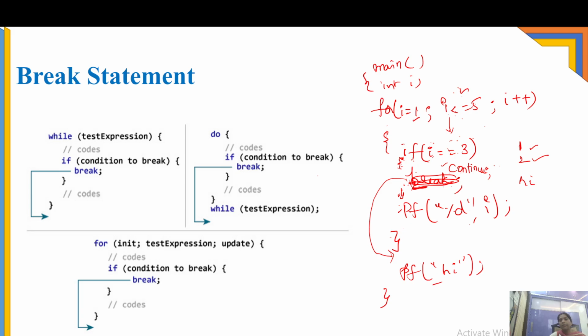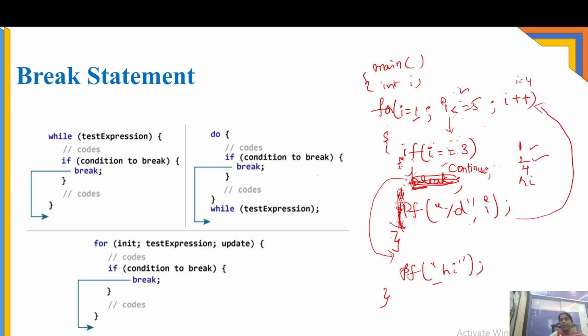Continue means skip the current iteration, so the statements after continue will be skipped and it continues with the next iteration. i = 4, 4 <= 5, condition true. 4 == 3, no, continue will not be executed, 4 will be printed.